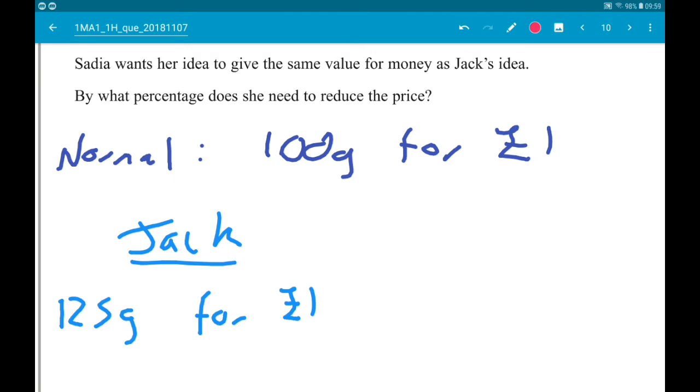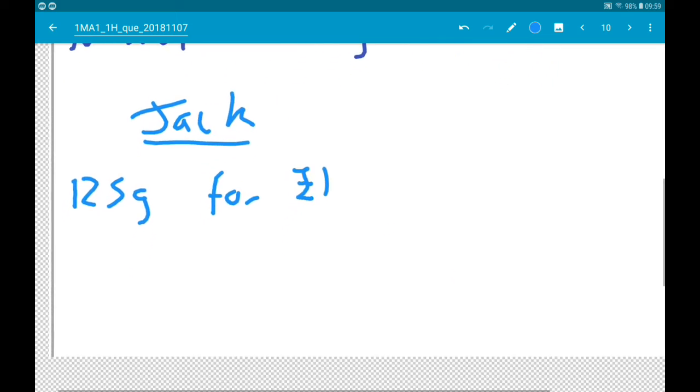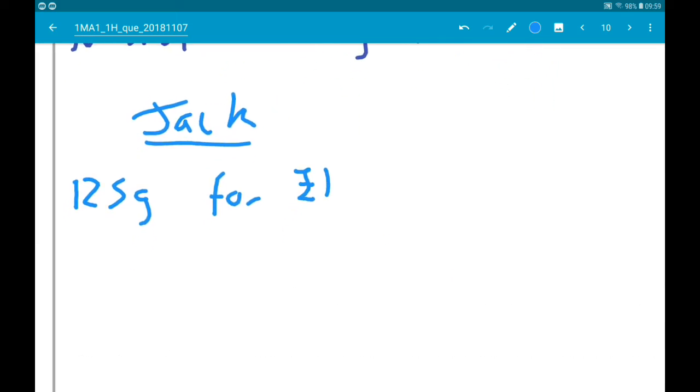So, from Jack, if we divide by 5, 25 grams costs 20p.